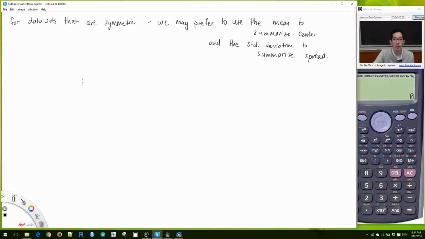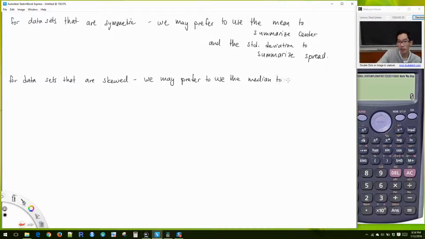Okay, and then it says for data sets that are skewed, okay, we may prefer to use the median to summarize center, and use the range and IQR to summarize spread.